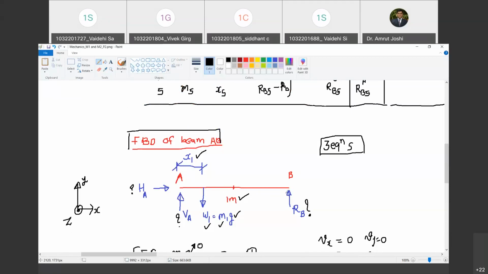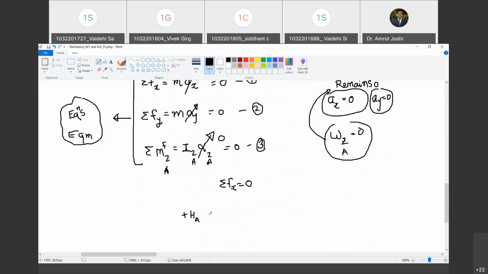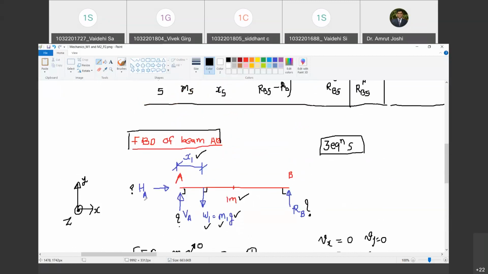Yes. RB will not have any component along x because this angle is 90 degrees. Are you with me? Yes. So therefore there is nothing else. VA cannot have any component along x direction. So I have to write plus HA must be equal to 0. Happy? Yes, sir. So we have already got the first reaction. HA turns out to be 0. Are you with me? Yes, sir.